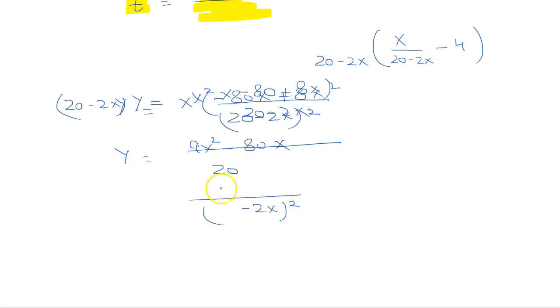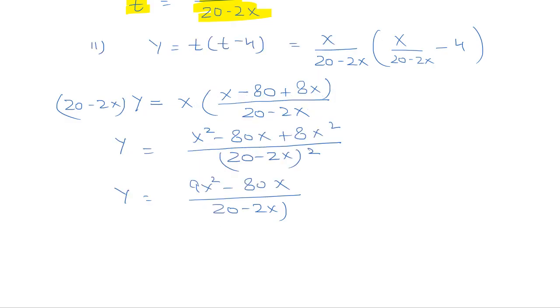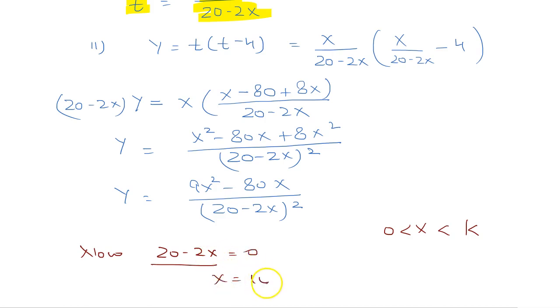So that is the Cartesian equation in x and y. Our value of x is given: x is greater than 0 and less than k.